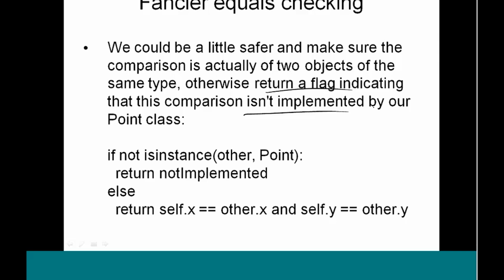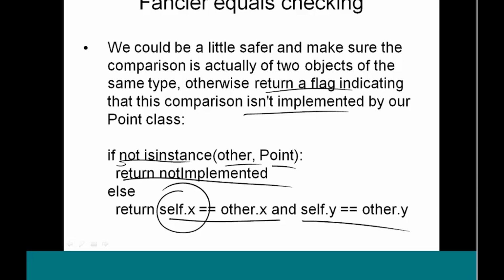How do we do it? Here we just say, if not isinstance(other, Point), return NotImplemented, else return self.x equal to other.x and self.y equal to other.y. So we can take the same function and enclose it within this if else to test whether the comparison is between two objects of the same type or not.